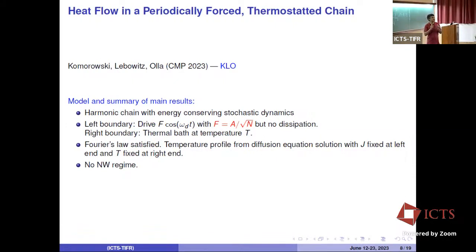There's some stochastic dynamics: at random times, you just flip their momentum. So it conserves energy but doesn't conserve momentum. The reason you study this is because this is a model where you can exactly prove that Fourier's law is satisfied, so you can do a lot of analytic work.